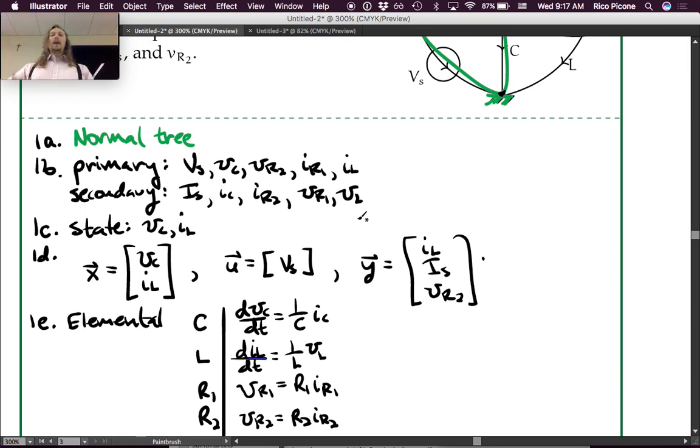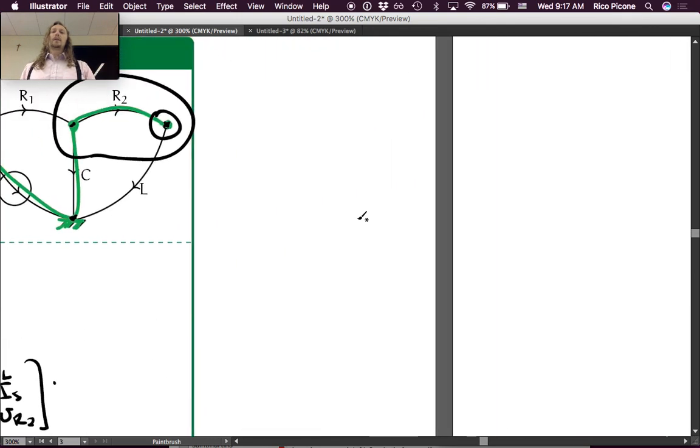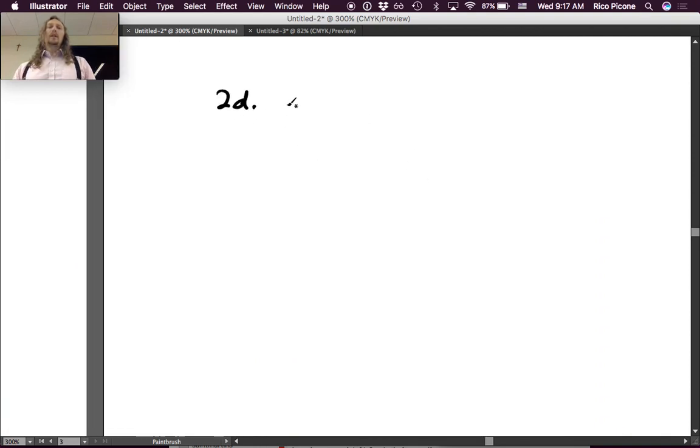So our outputs, we have 3 outputs, IL, IS, and VR2. So I'm just going to list them here: IL, IS, and VR2. So we just need to write these in terms of state variables and inputs first.